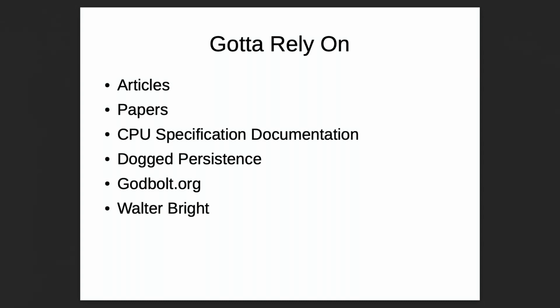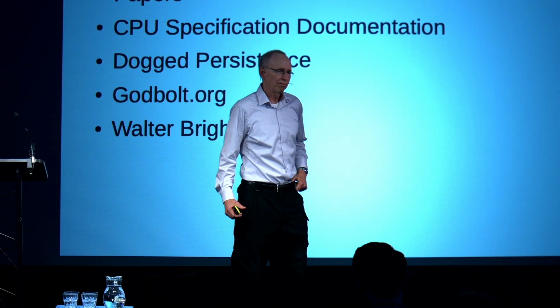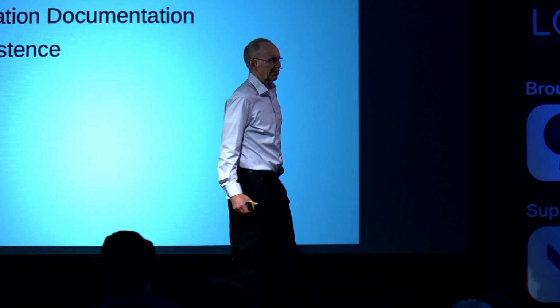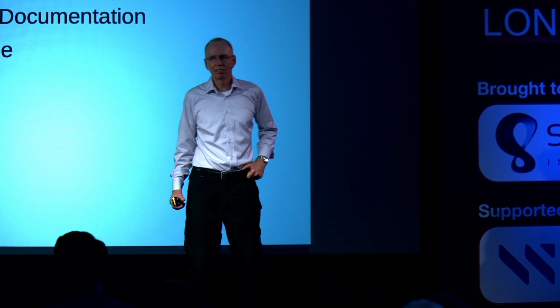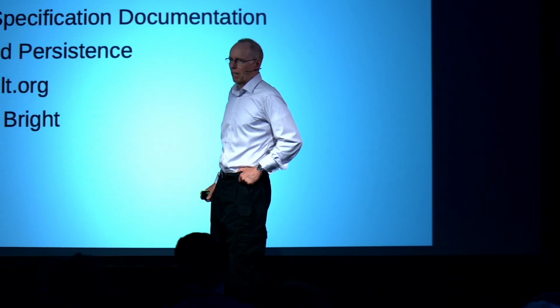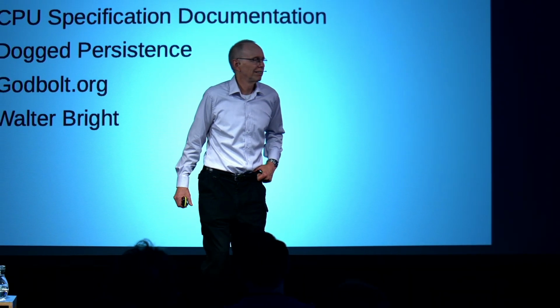So if you want to write a code generator, you've got to rely on articles, papers, CPU specifications. Those are really fun reading. Dogged persistence helps a lot. I'm currently trying to learn the Arch64 instruction set, and dogged persistence is the only way I'm getting through it because it is baffling the way they wrote that spec.